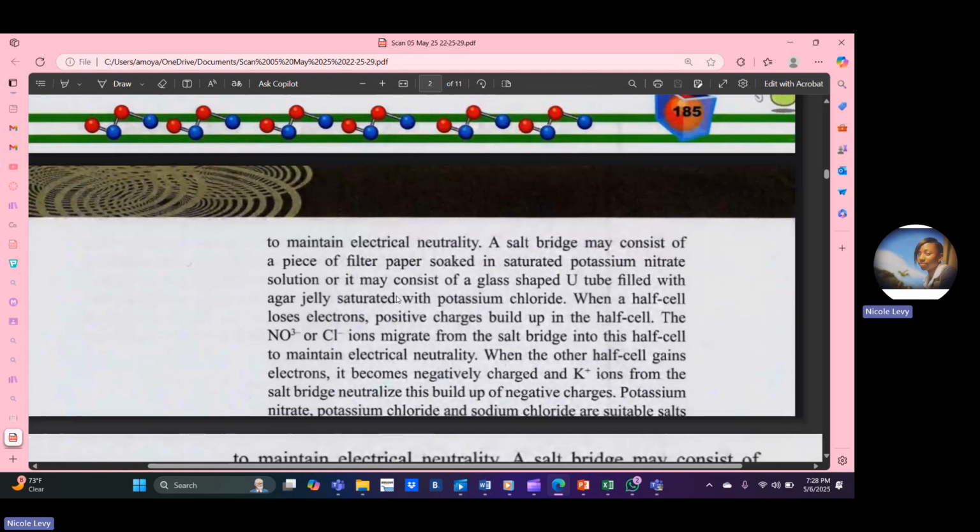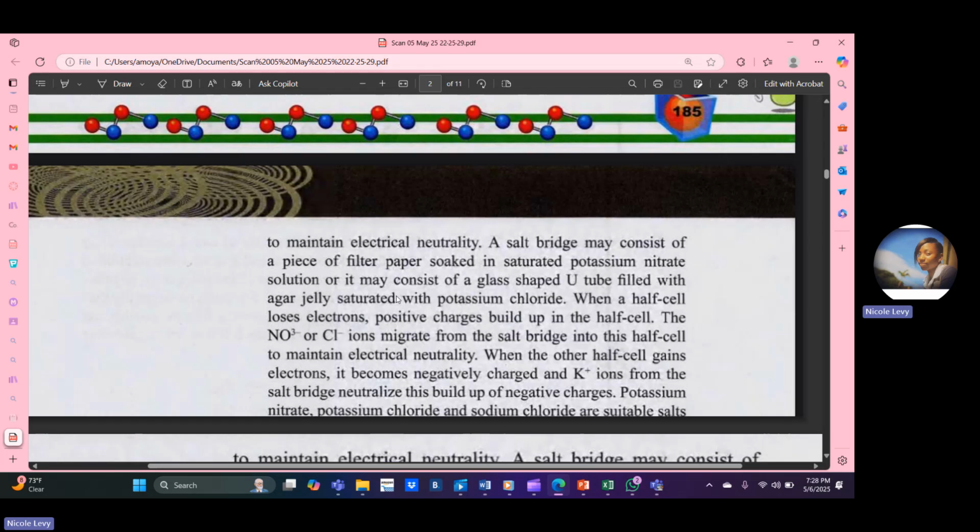A salt bridge may consist of a piece of filter paper soaked in potassium nitrate solution, or it may consist of a glass-shaped U-tube, not YouTube now that you watch, or a glass-shaped U-tube filled with agar jelly, saturated with potassium chloride.